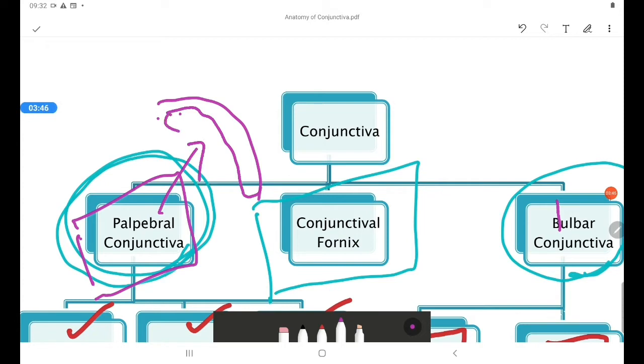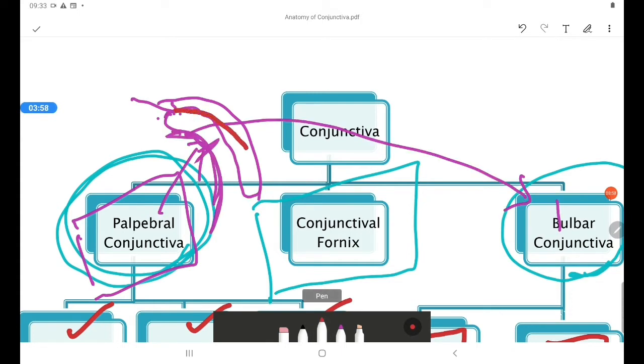The part that is covering up the eyeball up to the limbus is the bulbar part, and at this junction between the palpebral and the bulbar we get the fornix.